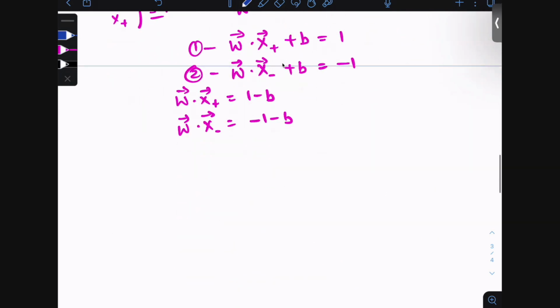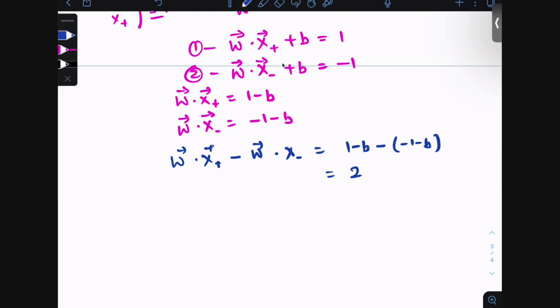Correct? Now let's see. So my width of the road will be, if I have to subtract this, w dot x plus minus w dot x minus will be 1 minus b minus (minus 1 minus b), which is equal to 2, right?